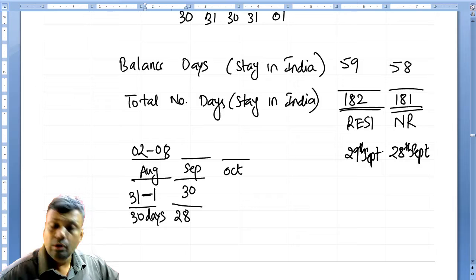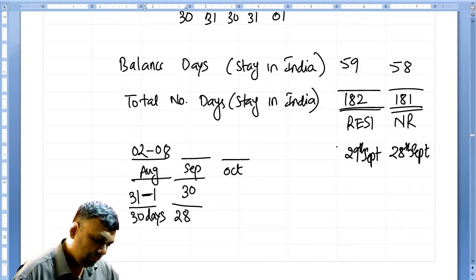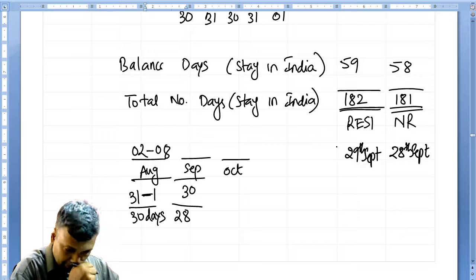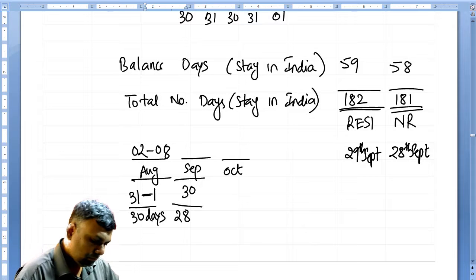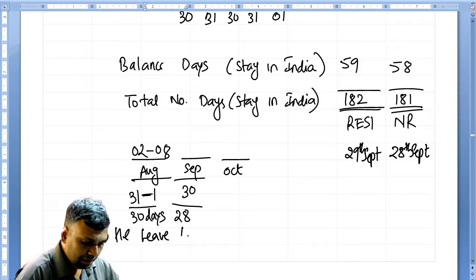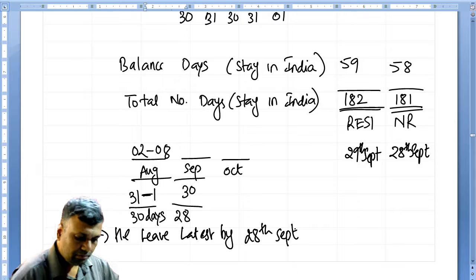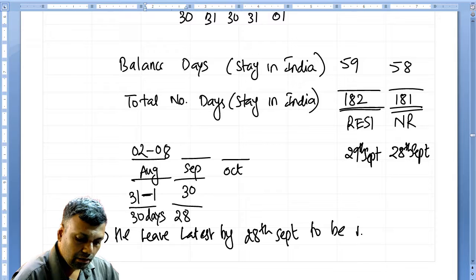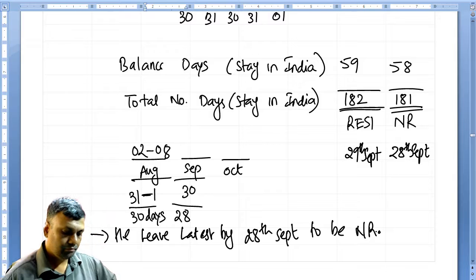So, what is the advice that you have to give him? Okay, so you have to give him advice. So, he should leave latest by 28th of September to be a non-resident.